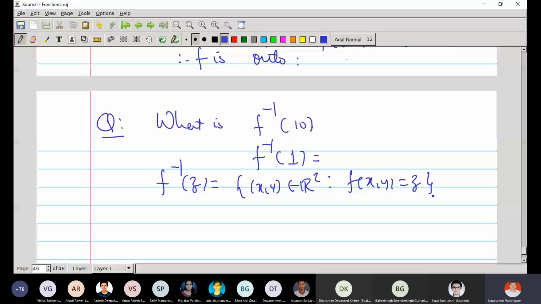We have the domain, we have the codomain, and this is z. So what is the inverse image of z? That is f inverse of z. Is it clear what I have written? If you have any doubt, ask me.